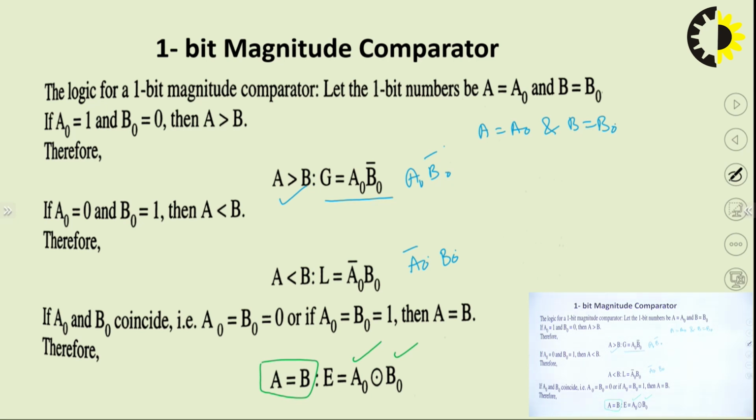All my 4 cases are covered: 2 cases are covered in equal, 1 case in this and 1 case in this. So this is the case for greater, this is less, and this is for equal. Now I can design my logic using these 3 statements, and I can very easily design my 1-bit comparator circuit.